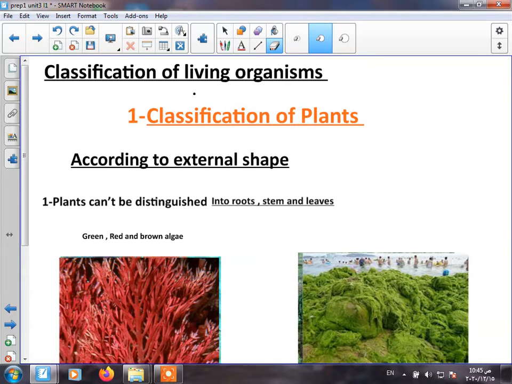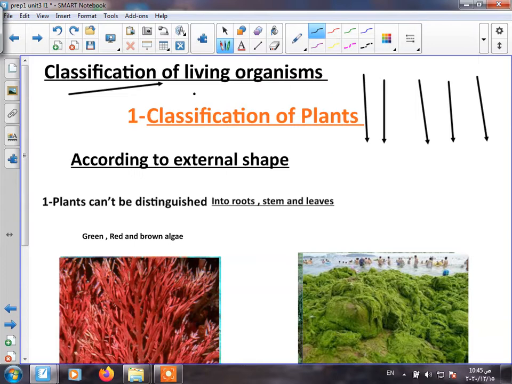Not all living organisms are similar. So we should make their study easier. How? By classifying them, putting them in groups. Okay?